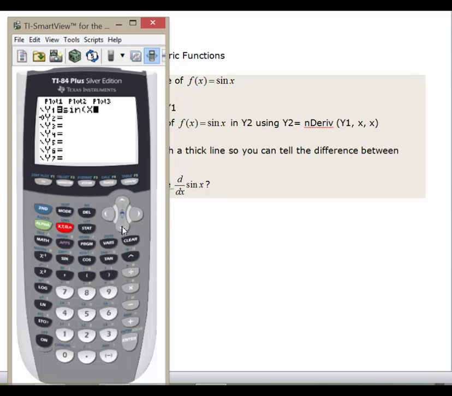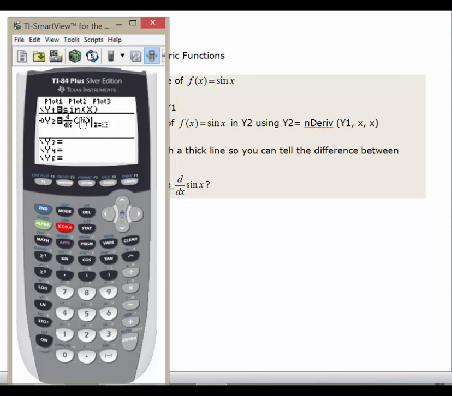in for y1. And for y2, we're going to use the derivative function on the calculator, so that's math, and that's 8. That's n. It's either, depending on your operating system, you're going to use its derivative with respect to x.